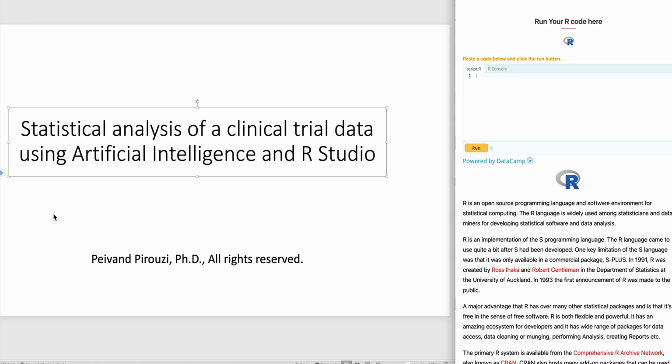And we're just going to look into a very simple set of data from a clinical trial, and we're going to see how we can use artificial intelligence tools to generate a script for an optimal, or best, statistical analysis test, and then how we are going to use that script and apply it in an online RStudio application. And then we are going to look into how to interpret the results of the test that we have used.